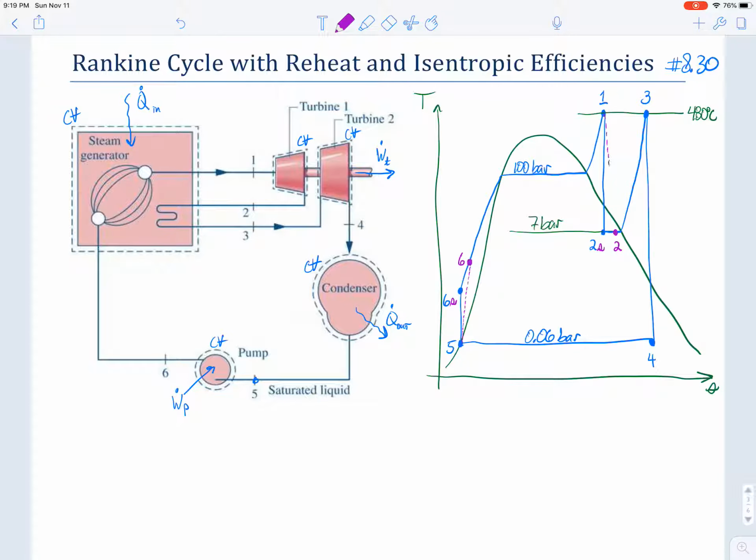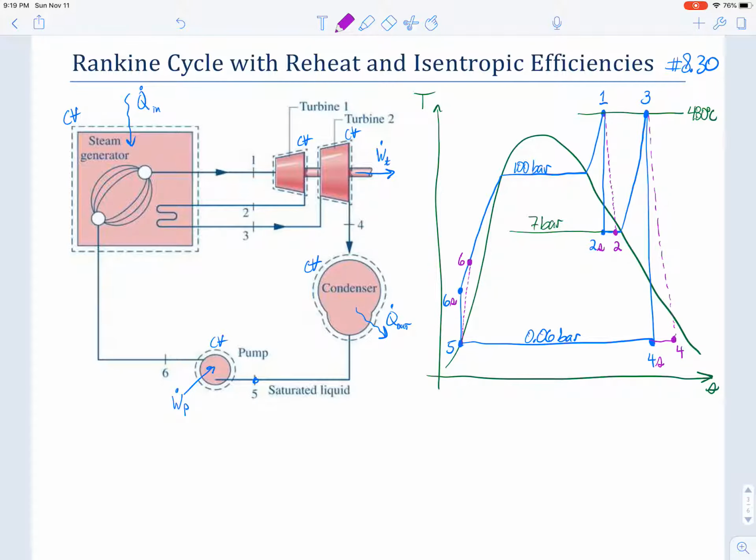And to indicate the irreversible nature of this, I don't know the path, so I do a dotted line. And then yet again the same thing for the second turbine, state 3 to 4. Well, this isentropic becomes state 4s, and then at the same pressure, this is now state 4 real. And I draw the dotted line.